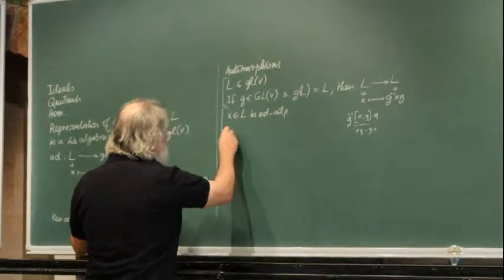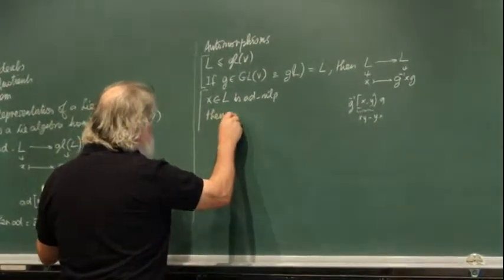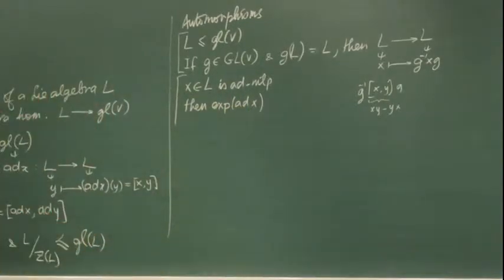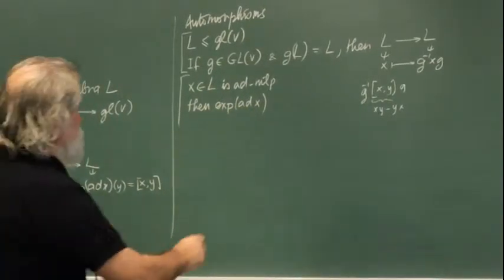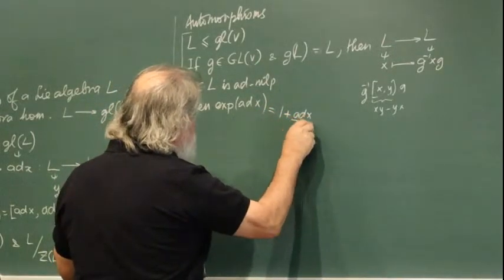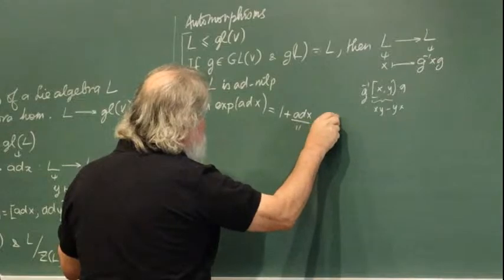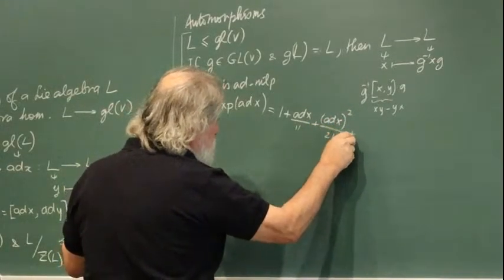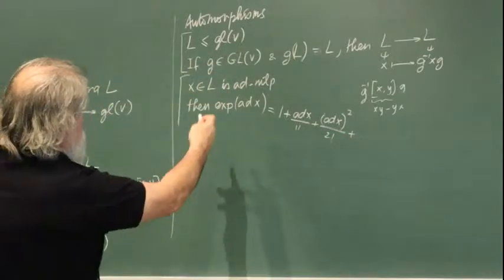Then exp(ad x) makes sense, and it is equal to 1 plus ad x over 1 factorial plus (ad x) squared over 2 factorial plus, and it tends to stop somewhere because it's ad-nilpotent.